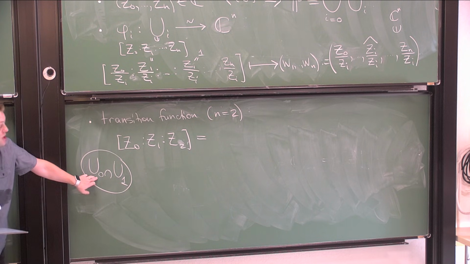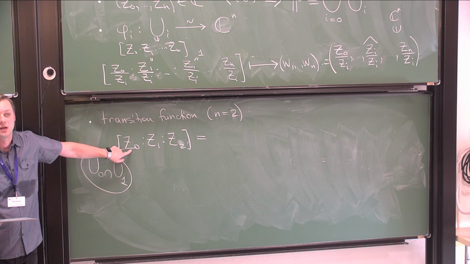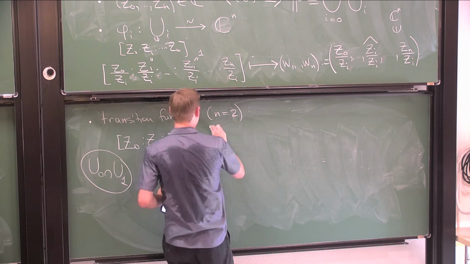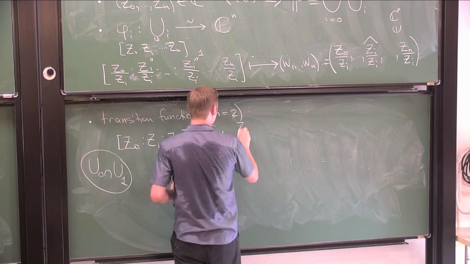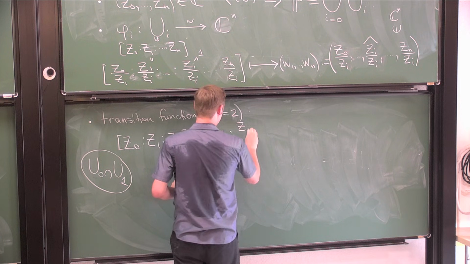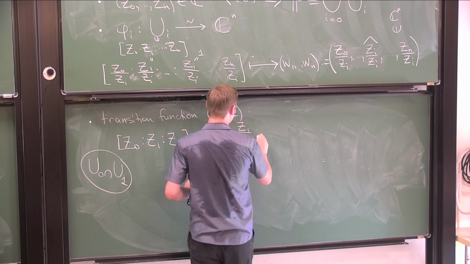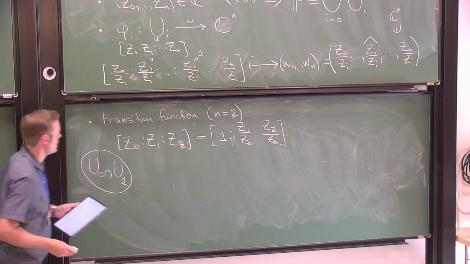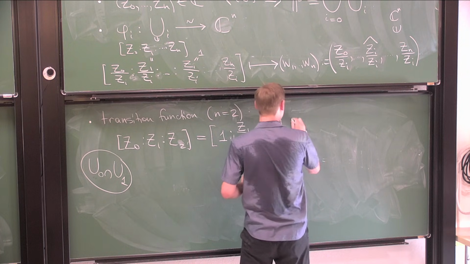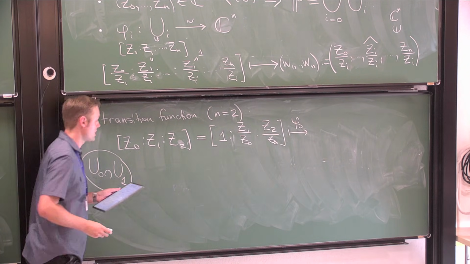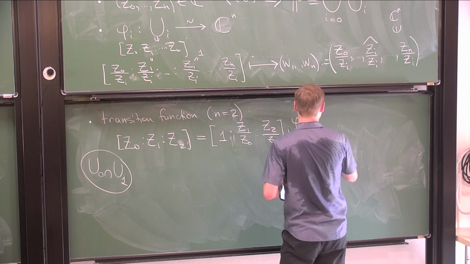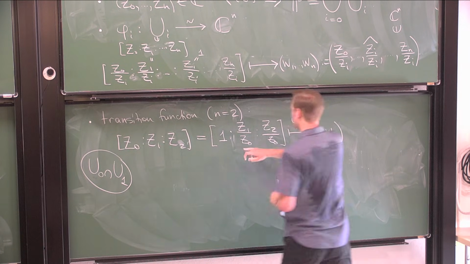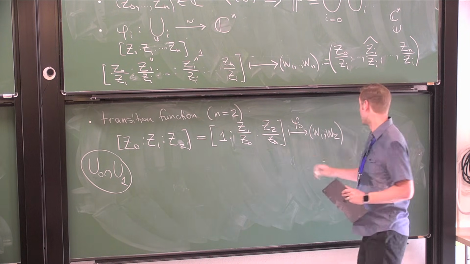On the one hand, I'm in U_0, which means Z_0 is non-zero, so I can rescale it away. And so I will get Z_1 over Z_0 and Z_2 over Z_0. And so what the chart phi_0 does is it sends it to the pair of numbers W_1, W_2, which are just these two complex numbers.